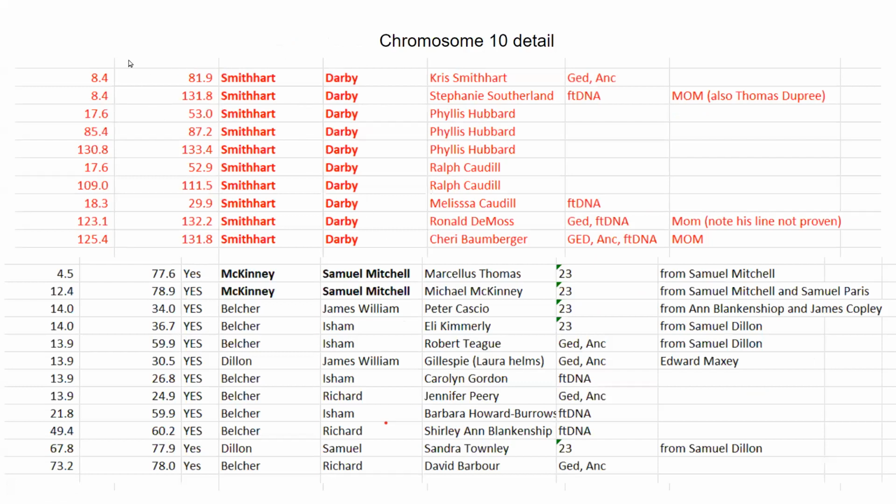So going back to my spreadsheet, I have a second spreadsheet where I break every chromosome down by where I have matches. And so these are the matches on chromosome 10. There you can see Marcellus and Michael.